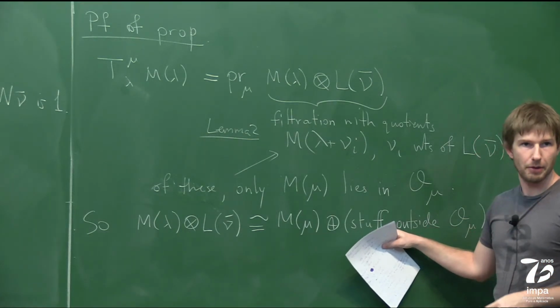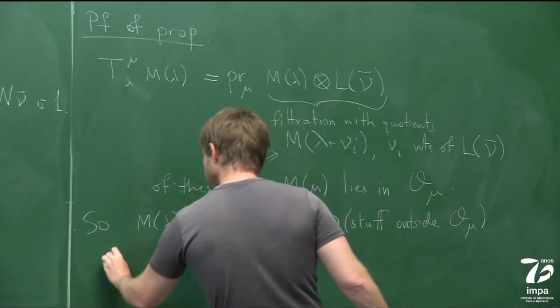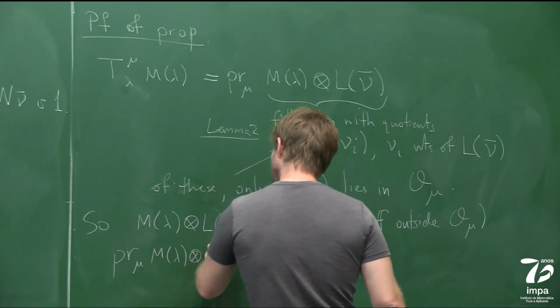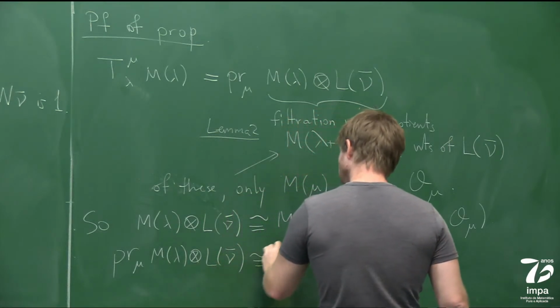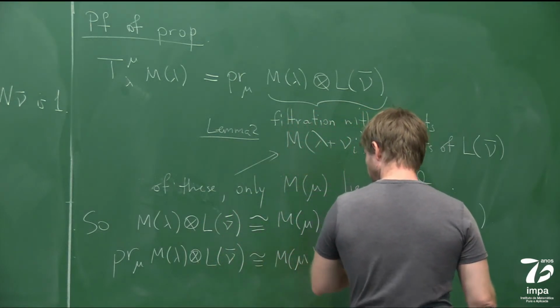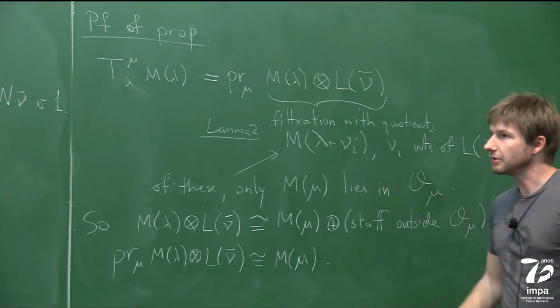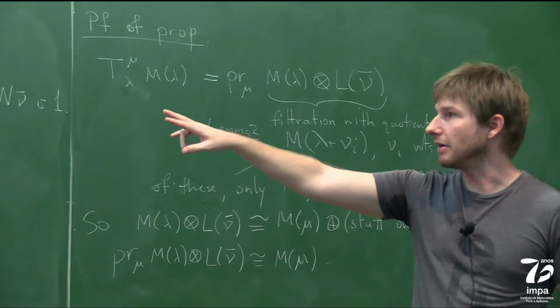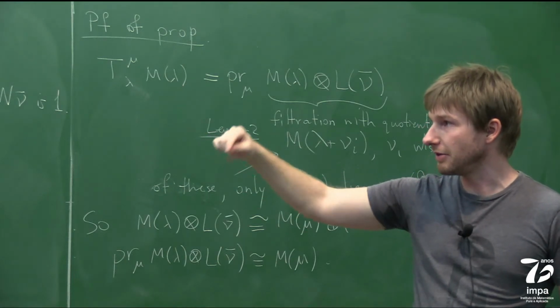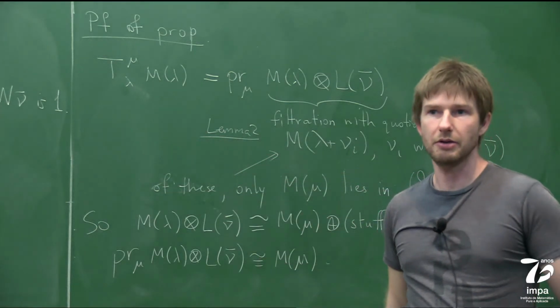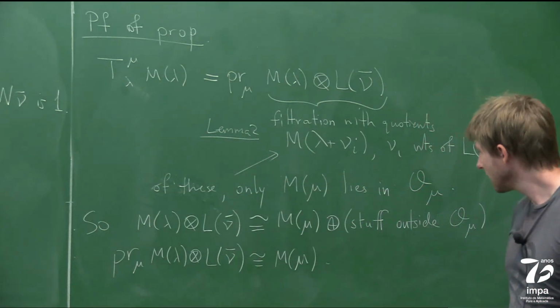And this stuff is in different blocks. So the projection gives M mu as required, okay? And by a more complicated argument, there's a similar lemma for other W images of lambda and mu, which implies the more general version of the proposition.